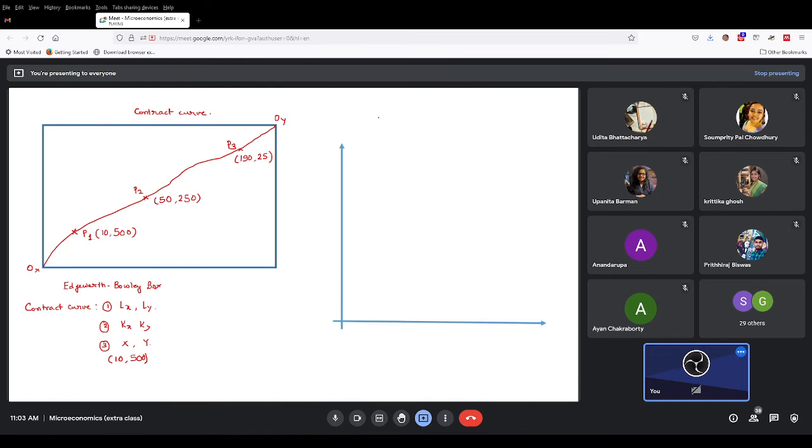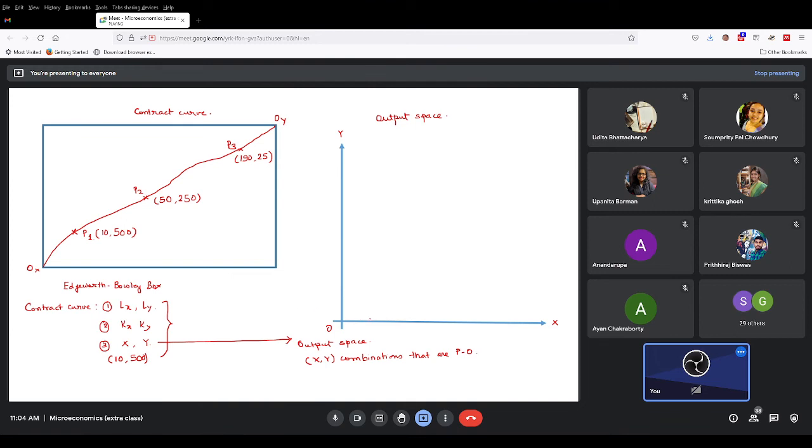Over here this is output space. Why output space? I'm simply denoting the output combinations in this graph. So the Edgeworth-Bowley box gives me all these, but only this information is used to construct the output space, the combinations of X and Y. Now what is P1?